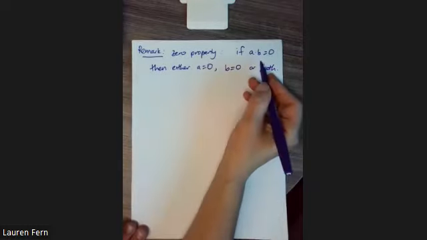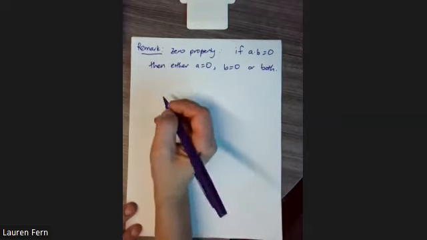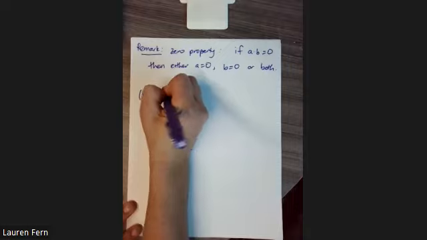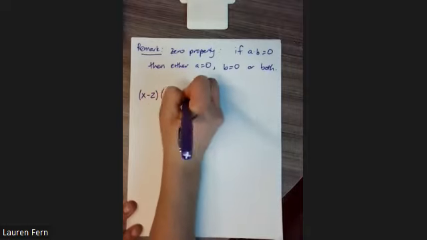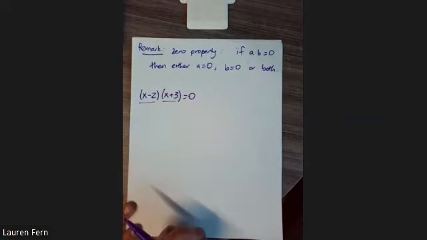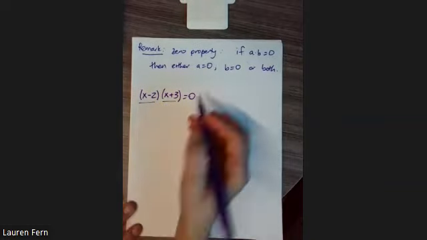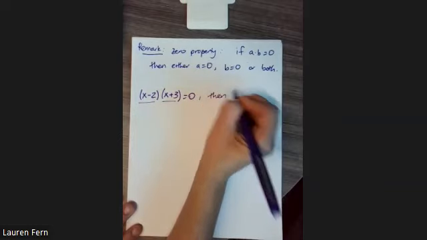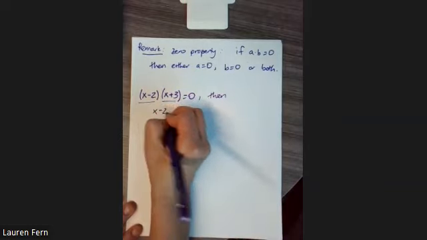This works with multiplication, and this is really, really key here. So for example, if I have something like x minus 2 times x plus 3 equal to 0, I'm multiplying 2 terms and I'm getting 0. What this zero property tells us is then either the first thing is 0 or the second thing is 0.